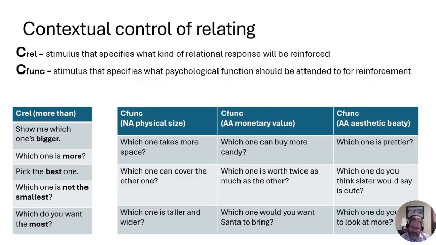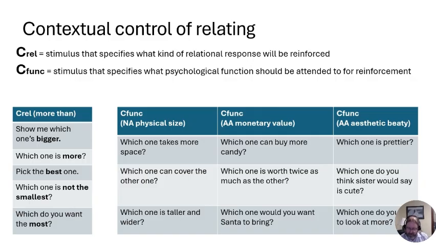And the cues, the stimuli that are going to tell us which functional property we are attending to is what we call C-funk. So in that initial case with the nickel and dime, the C-funk was somewhat ambiguous, but I could make it a lot more explicit, right? Because I could ask, which one of these is physically bigger, right? Or which one is worth more?